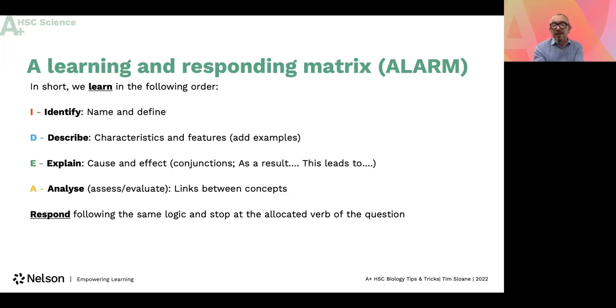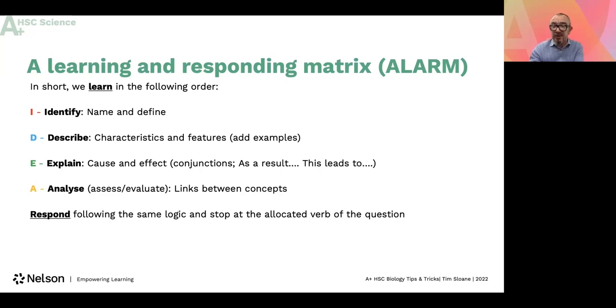We then need to describe it, give some characteristics and features of it before we can explain it, and then before we can move on and do the complex analysis, assessment, or evaluation. So we learn in this order, and largely the idea behind the idea is that we get you to pause and analyze the question before you commit pen to paper, and then think about that scaffolded response.